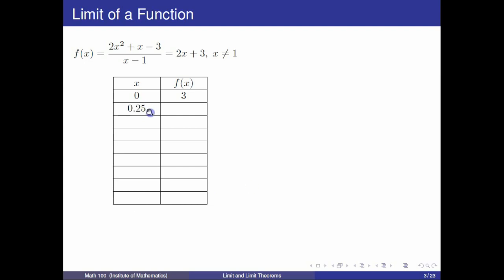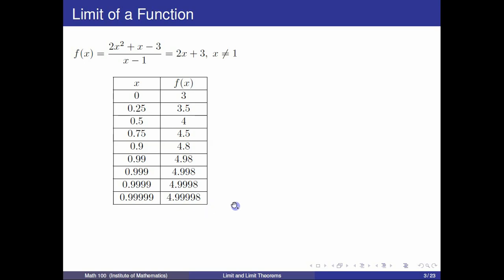When x is 0.25, ano ito? This is 3.5. And so on and so forth. When x is 0.5, this is 4. Hanggang pumunta kayo sa malapit na malapit kay 1, but not equal to 1. So when x is 0.99999, what you'll get is this number very close to 5.